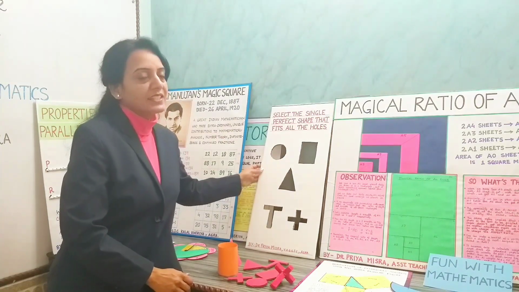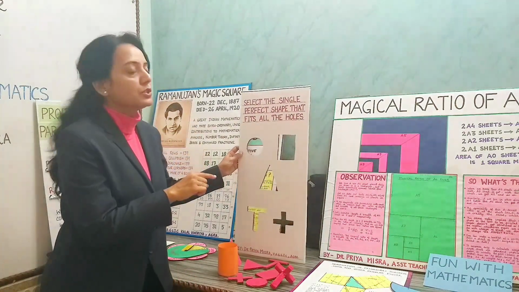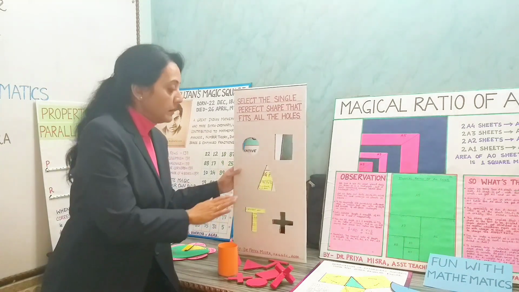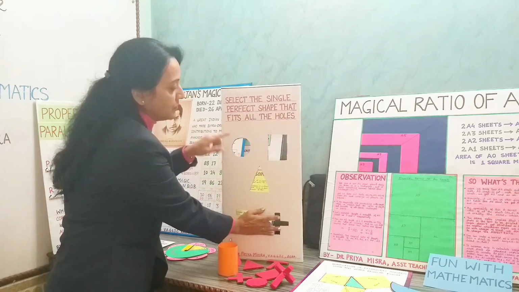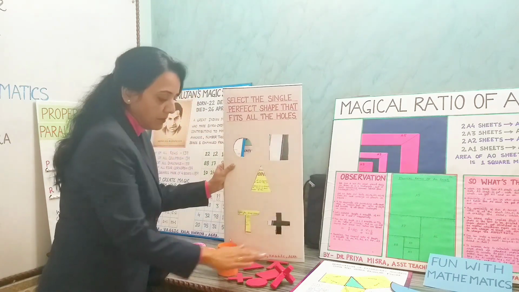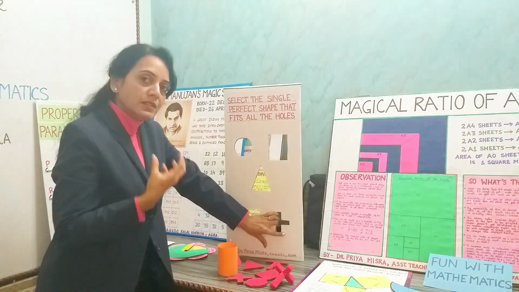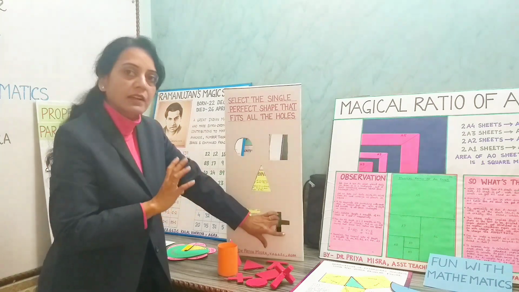Last but not the least is my TLM. Here I ask the student to select the single perfect shape that fits all the holes. But to start with the easier one, I tell them to find one shape which fits all these 3 holes. In this way, students use their imagination and get a different perspective.